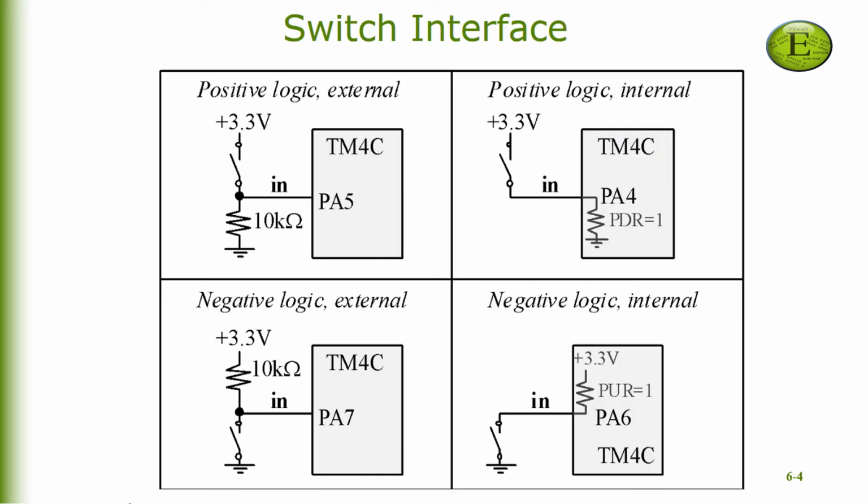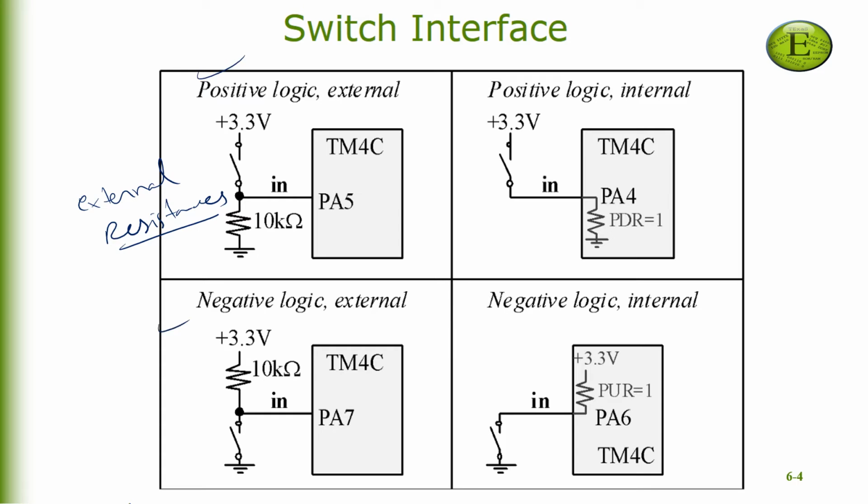Next, switch interfacing. We described how to interface switches to the microcontroller, and we looked at examples where the switches were connected through external resistances to the microcontroller. So there were external resistances in our last lecture, and again here are the two examples, the positive logic and the negative logic switch interface.